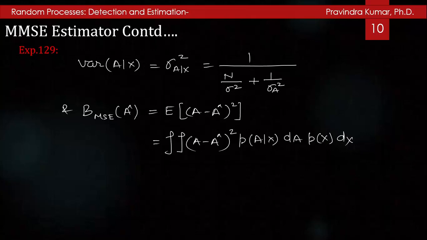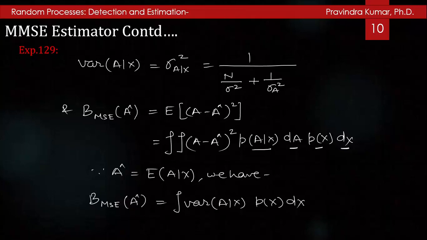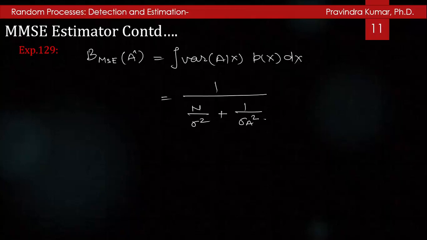You can write it as a double integration of the square of (a minus a hat) p(a|x) da p(x) dx, and since the estimated value a hat is the conditional expected value E(a|x), then the Bayesian MSE of a hat will be the integration of the variance of a given x times p(x) dx, and it will be equal to 1 by (N by sigma squared plus 1 by sigma_a squared).